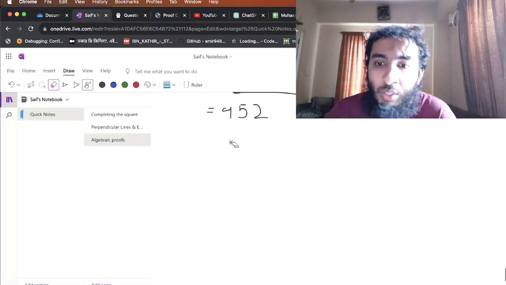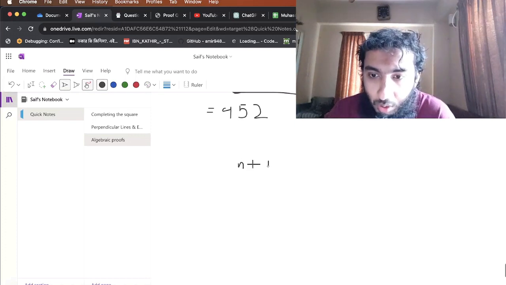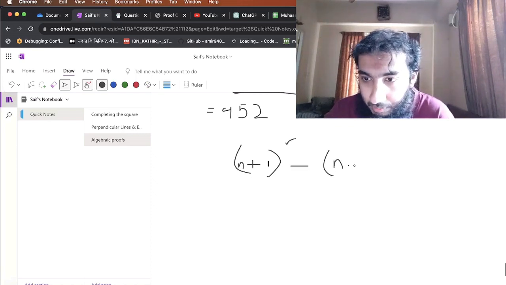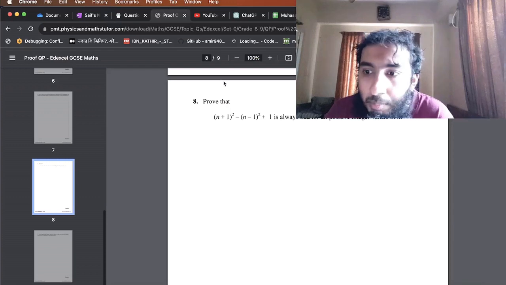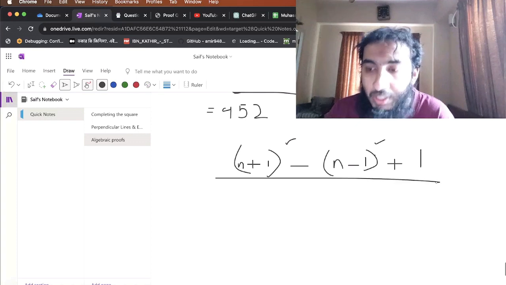So if I go to my notebook and use my pen tool and write the expression n plus 1 whole square minus n minus 1 whole square plus 1, this expression will always yield an odd number.